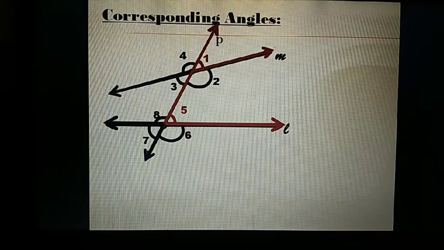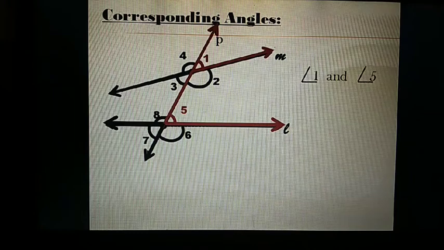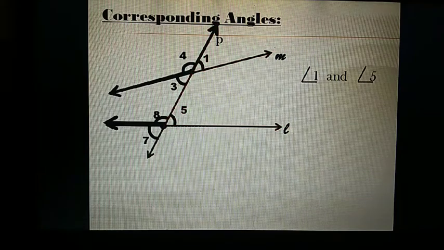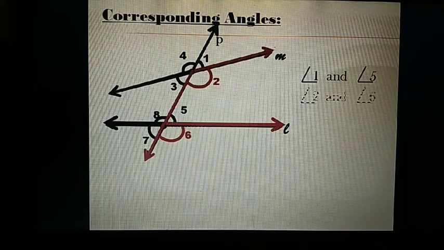Now when you check 2, 2 is right of transversal below M. Same way, right of transversal below L is 6. So 2 and 6 is the second set. Now check for 4.